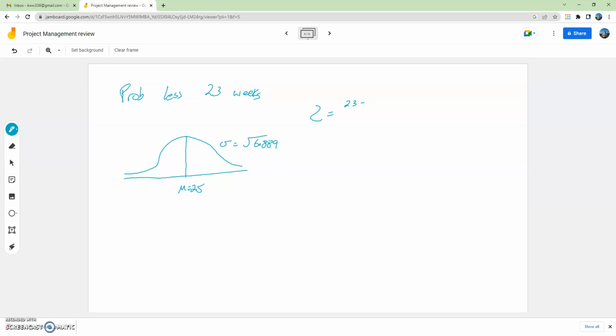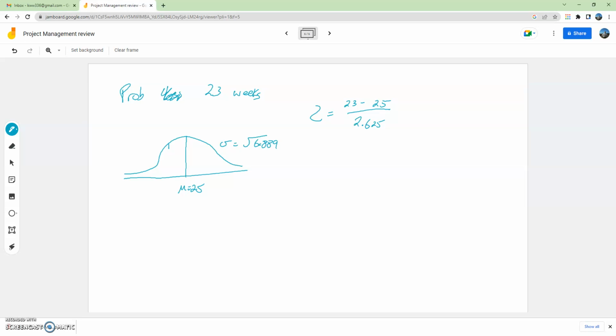23 for x, average is 25. The standard deviation, I'm just going to put this in here. Calculate this quickly. 2.625. So we want to know that it is less than 23.